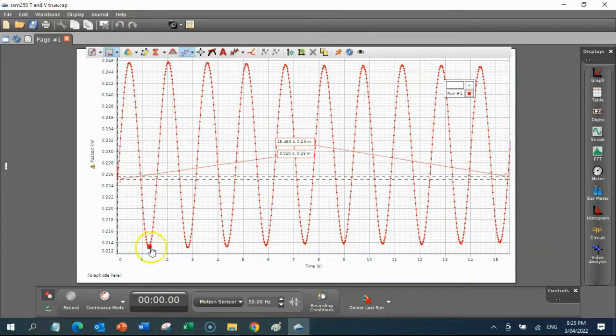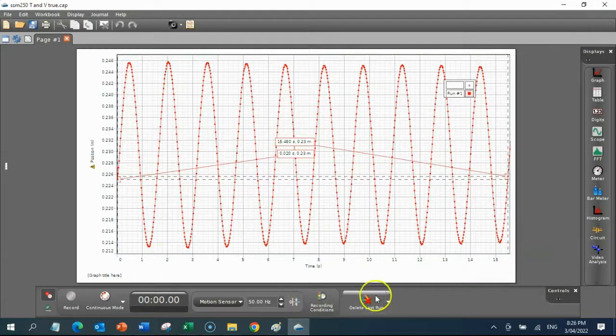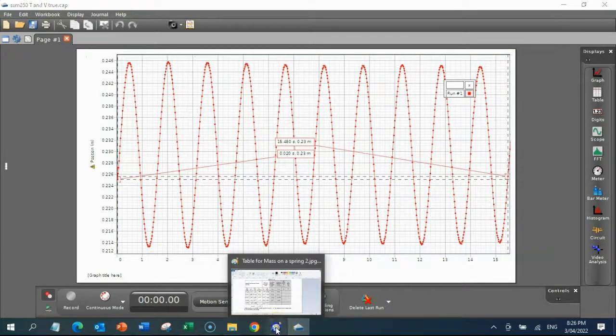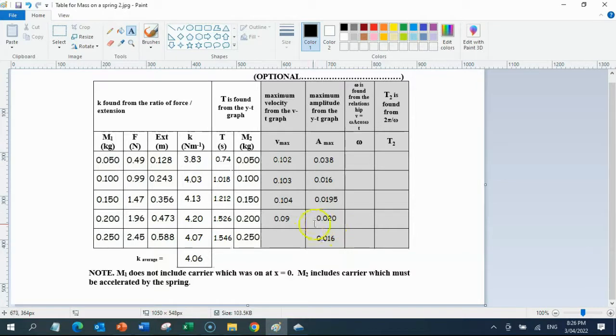So getting the difference between those two numbers gives me a number of 0.032, and dividing that number by 2 would give me a number of 0.016. So that's the amplitude. So again, going back to the table, so that's it there, 0.016. Now getting the maximum velocity.